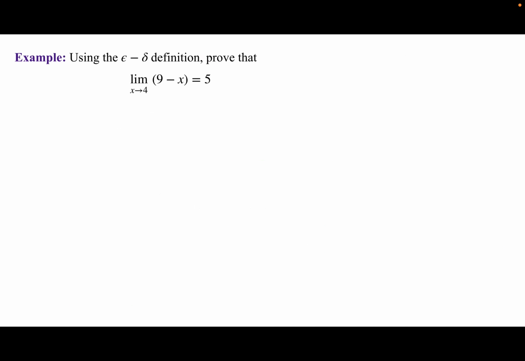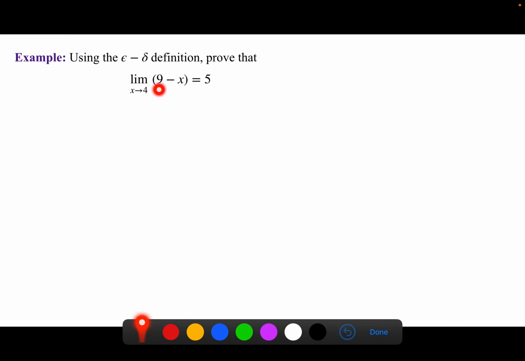Let's discuss another example. Prove that the limit of the function 9 minus x is 5 as x tends to 4 using the epsilon delta definition. To prove the limit, for any epsilon greater than 0, we need to find the corresponding delta.